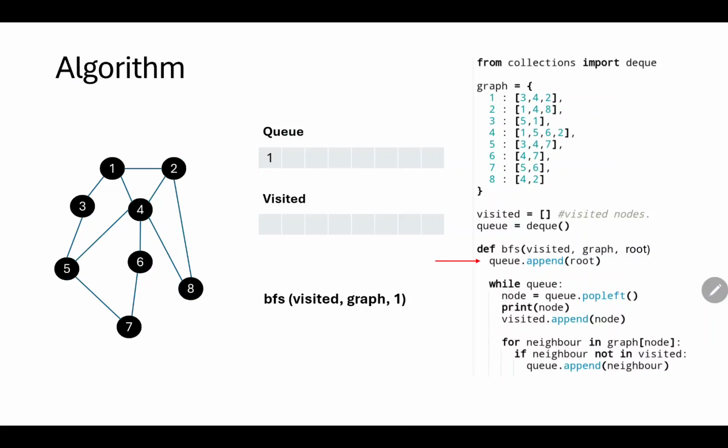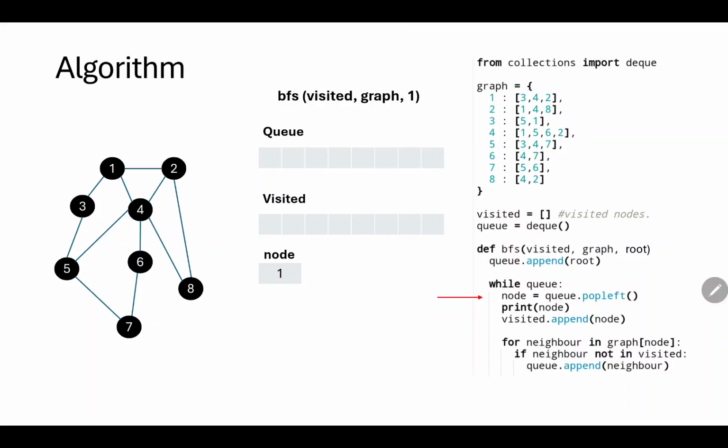So on the next line, the first line of the function, it takes root, which is 1, and adds it to the queue. Then we execute the while loop. I'm going to skip the for loops and the while loops because I'm trying to concentrate on the actual algorithm and what's happening inside of it.